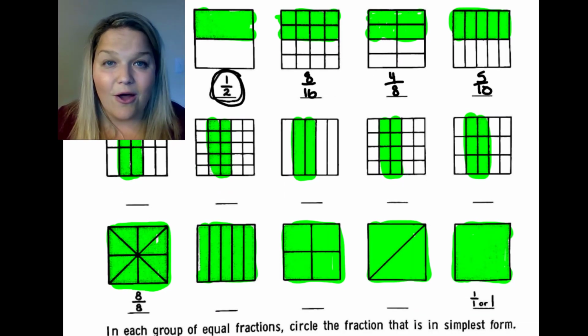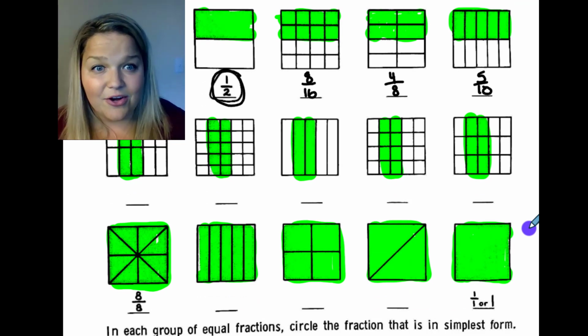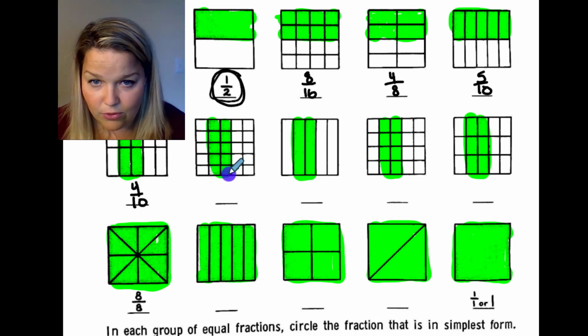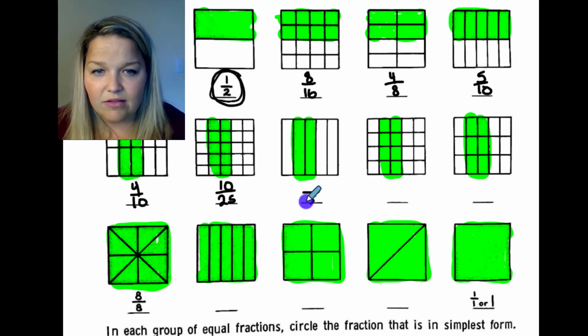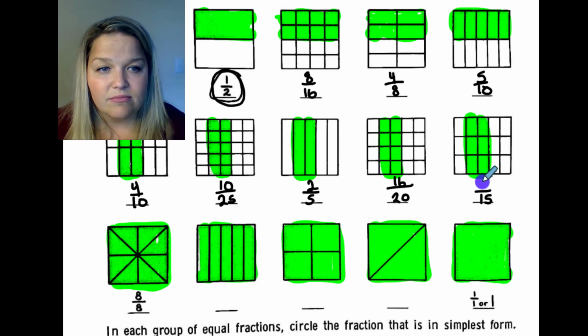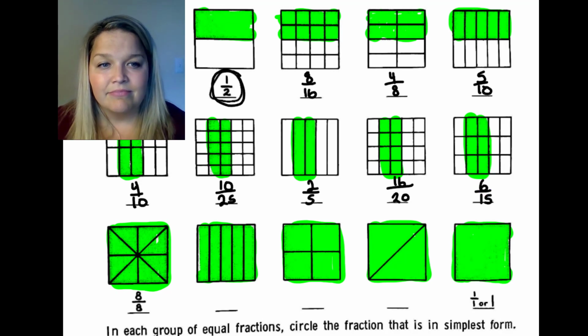So if you look below, let's do another example. Let's name these quantities. 3, 4, 5. 1, 2, 3. 2, 4, 6. All right.